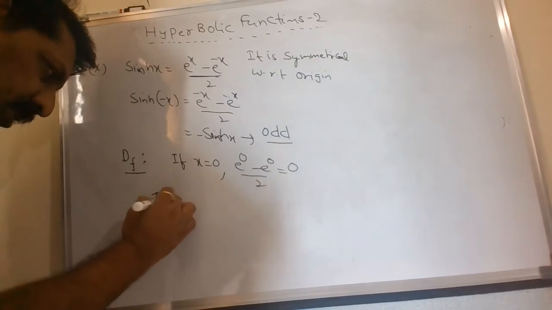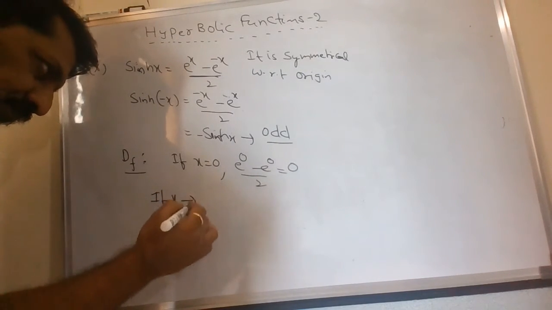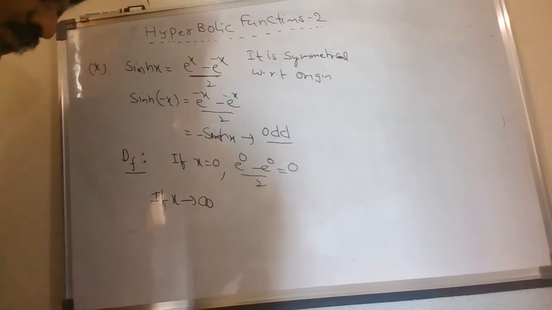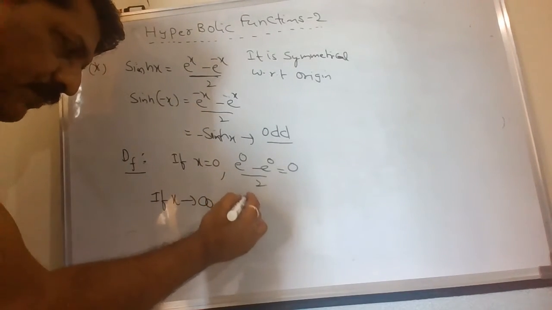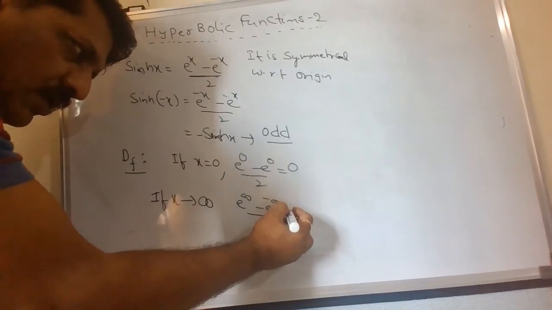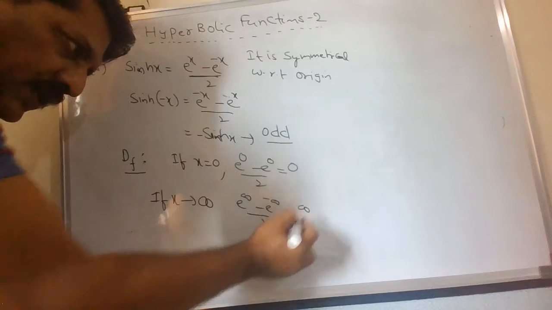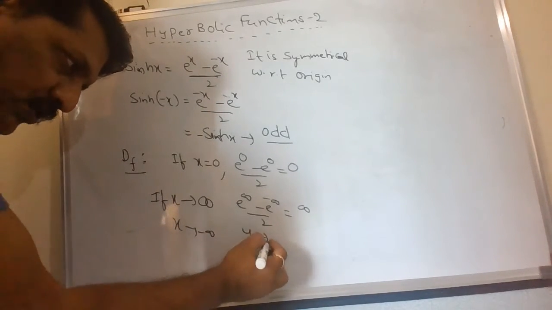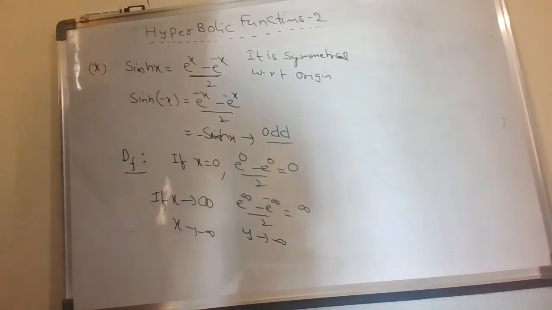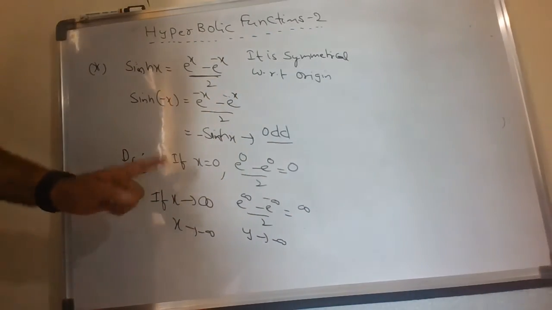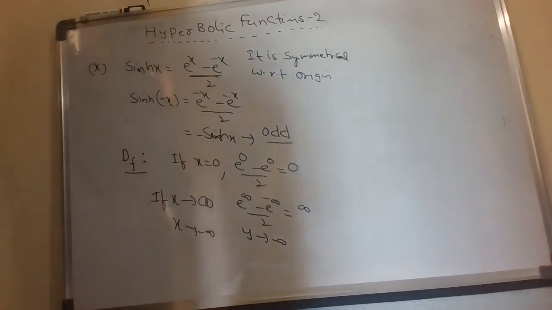If x tends to infinity, e to the power infinity minus e to the power minus infinity, divided by 2, tends to infinity. Similarly, when x tends to negative infinity, y also tends to negative infinity. These will help us determine the range and also the graph of the function.